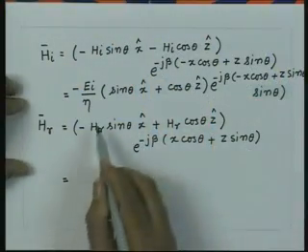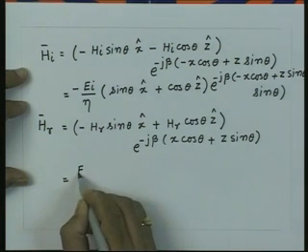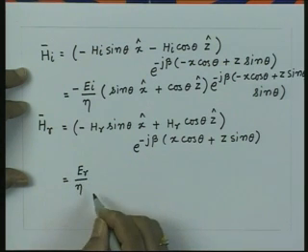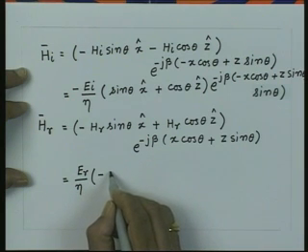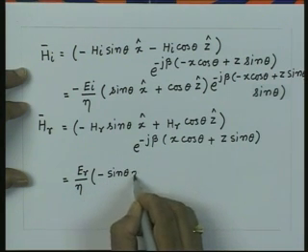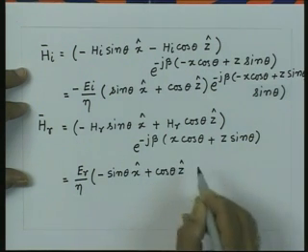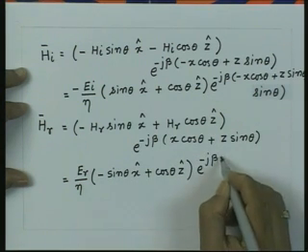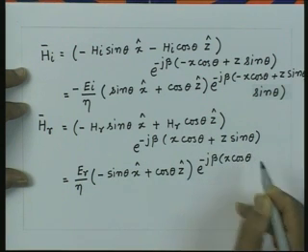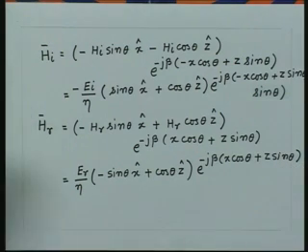And a similar thing I can do for this also. So, I can substitute for H_R, which is E_R upon eta. So, this is E_R upon eta, times minus sin theta x plus cos theta z, and this phase function which is e to the power minus j beta, x cos theta plus z sin theta.